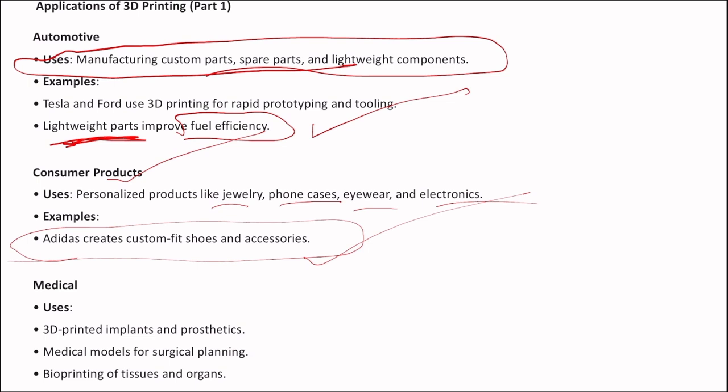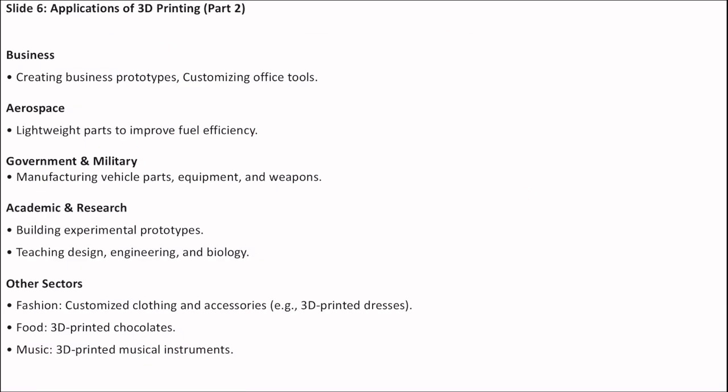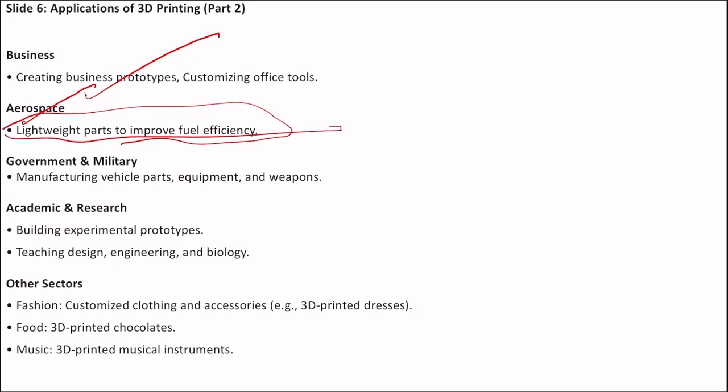And coming to medical, 3D printed implants and medical models. Tissues and organs are also being printed, but they are still in the developmental stage. So even organs can be printed. Then coming to business, you can create some prototypes, and for aerospace you can create lightweight parts so that fuel efficiency is there, and vehicle parts, equipment, weapons, all of them can be manufactured here.